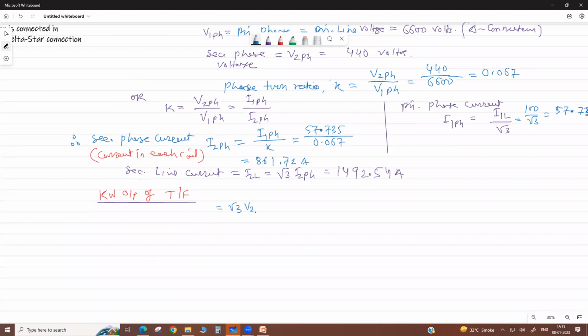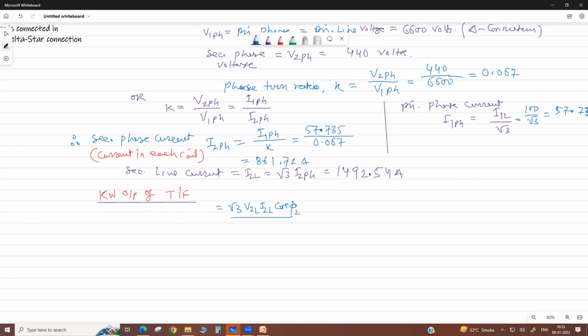Now the kilowatt output of the transformer is √3 times secondary line voltage, into secondary line current, into power factor, secondary side. Okay, it is V2 I2 line.